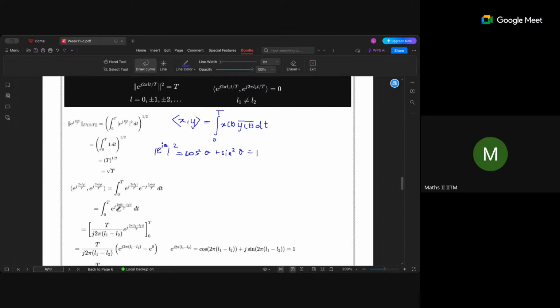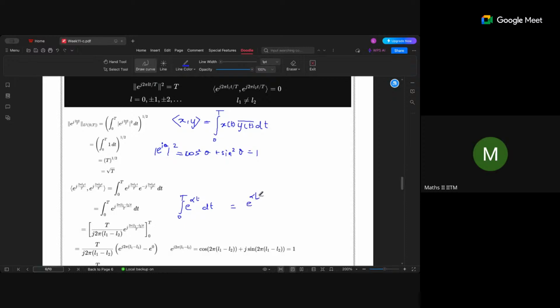E power some constant alpha times t, so that alpha will come in the denominator, right? So you have integral 0 to T e power alpha t dt. So what is the integral of this?